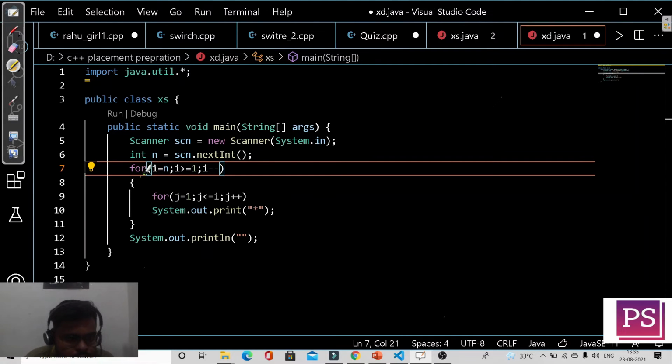Now let's focus on this code: i equals n, the inputted value, then this is the condition, then i minus minus. Only remove this from your mind for one time, then we will discuss. What will happen if we do System.out.print here? It will print only the star, as we also discussed on the open board. Okay, so now let's bring this loop into the picture.